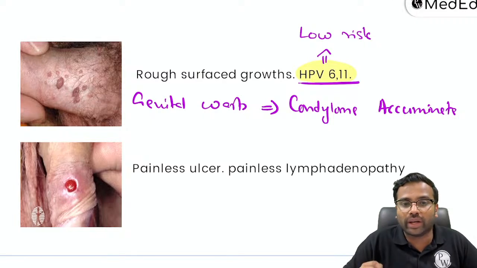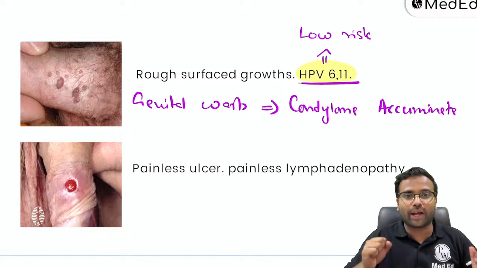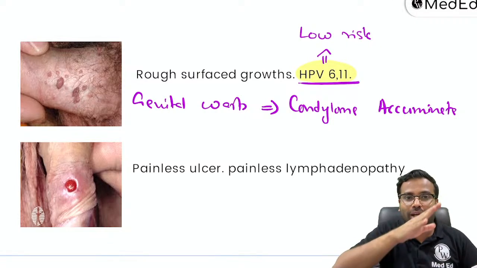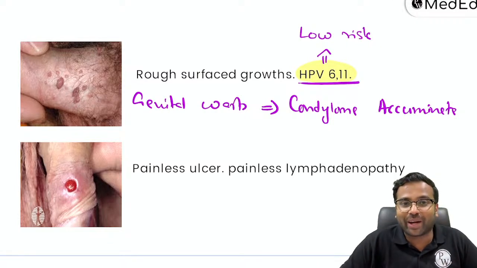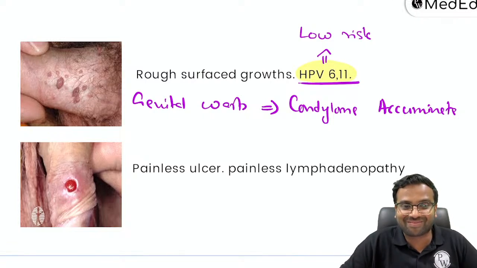Now, many of you, when you were answering condyloma acuminata, were confident about condyloma, but the voice was coming down on acuminata. Why are you getting confused between condyloma acuminata and condyloma lata? In which disease do you find condyloma lata? Secondary syphilis. Are you sure about it?